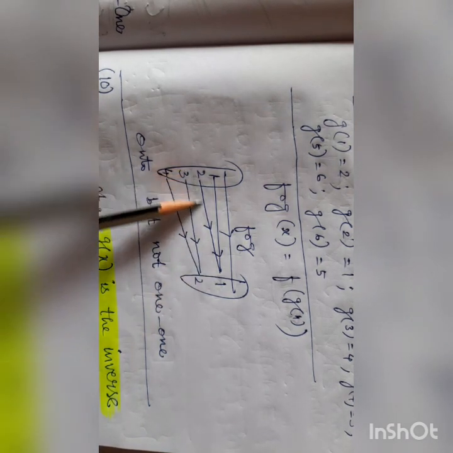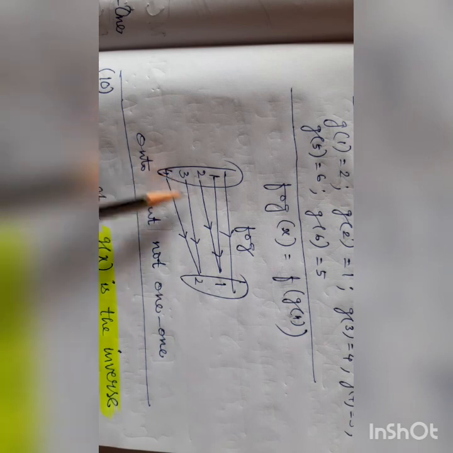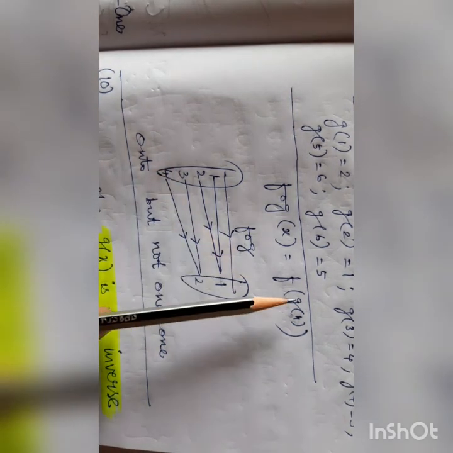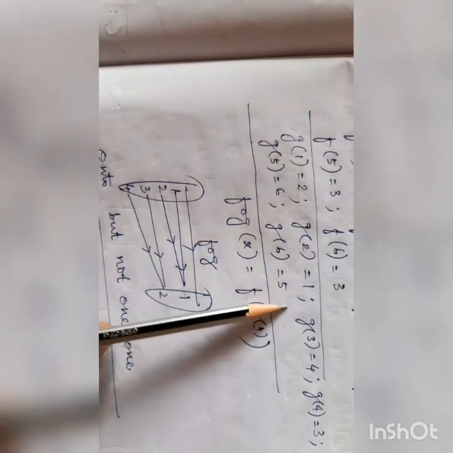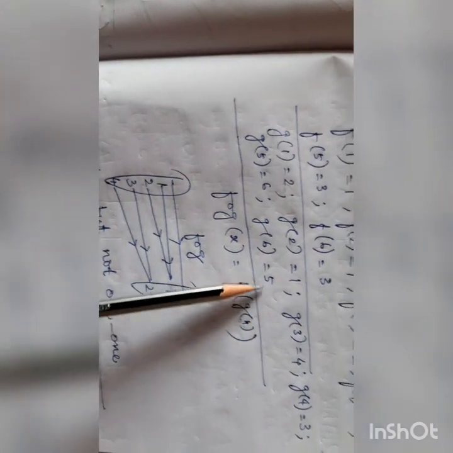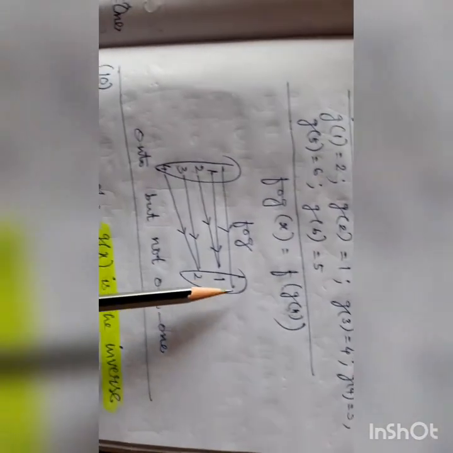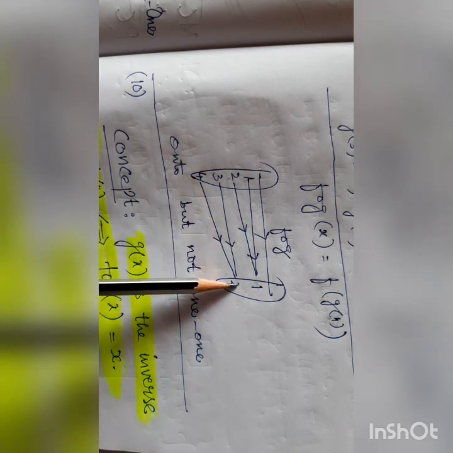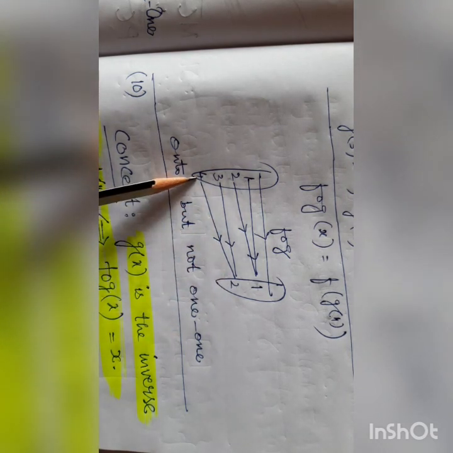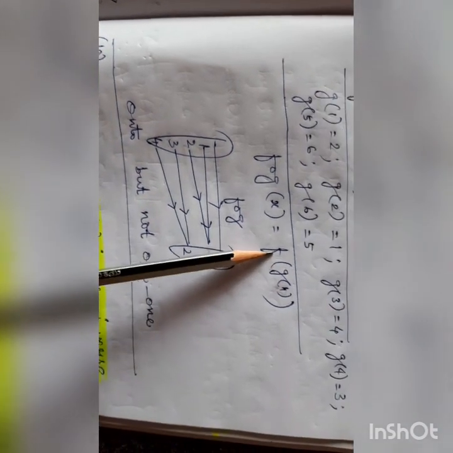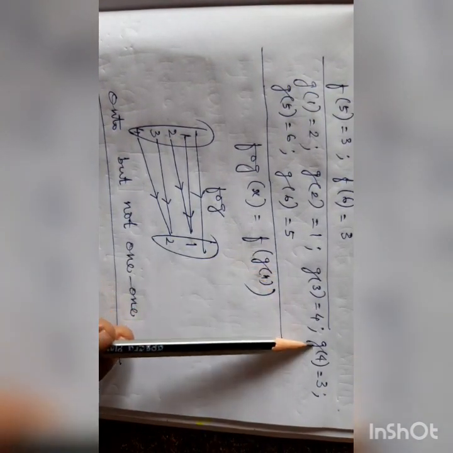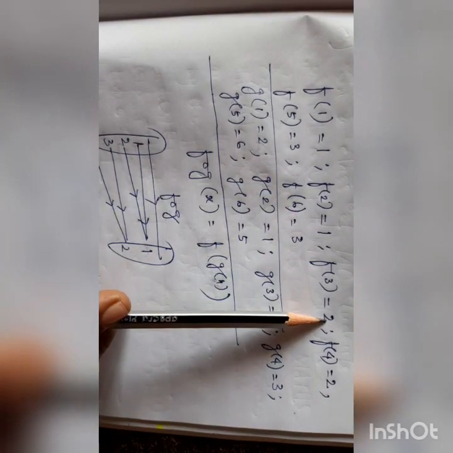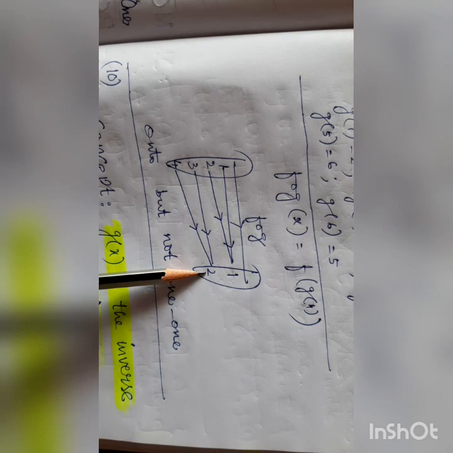Similarly, f of g of 3: g of 3 is 4, and f of 4 is 2. So f of g of 3 is 2. Now f of g of 4: g of 4 is 3, and f of 3 is 2.